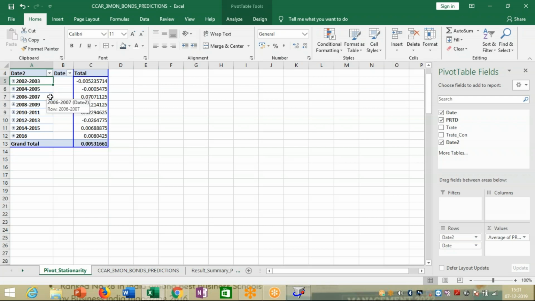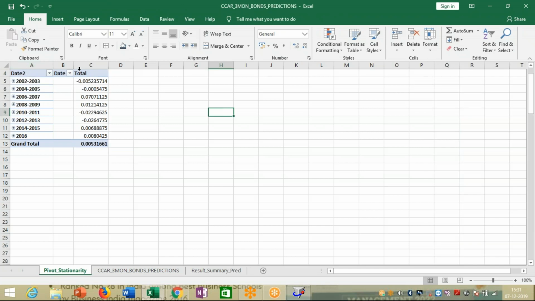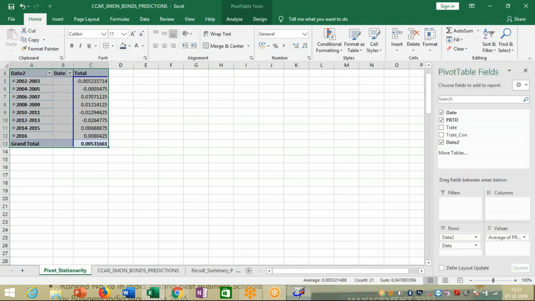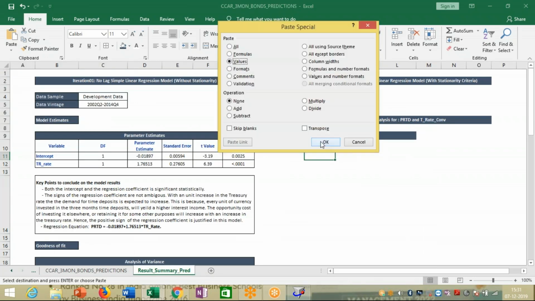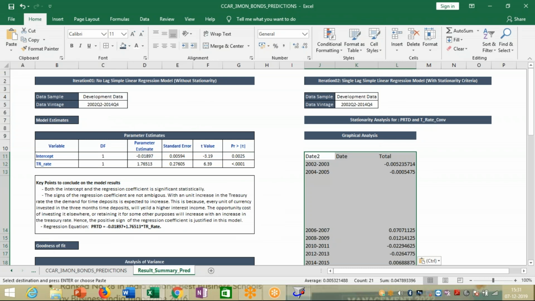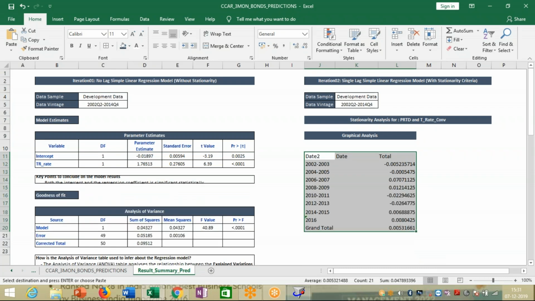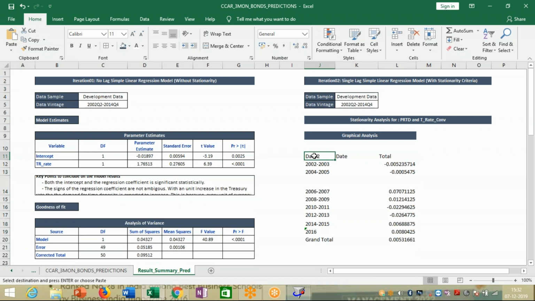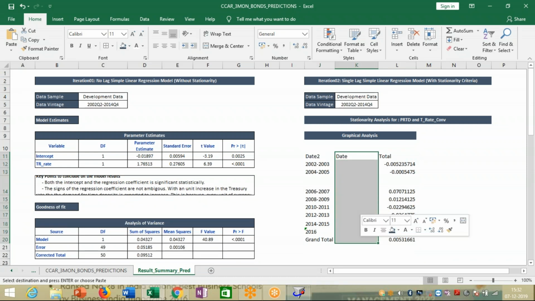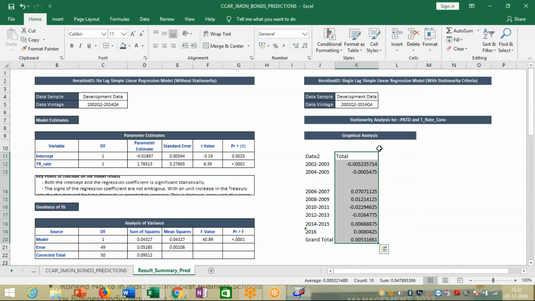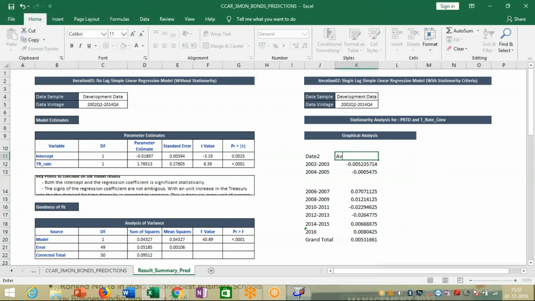So first, let us look into these average values and check how the trend of the thing looks like. So these are the averages.